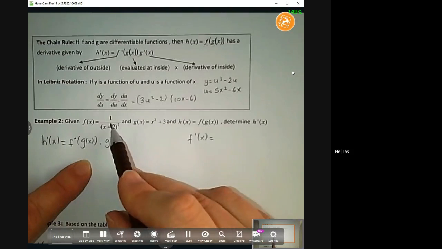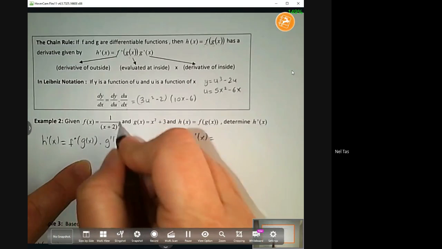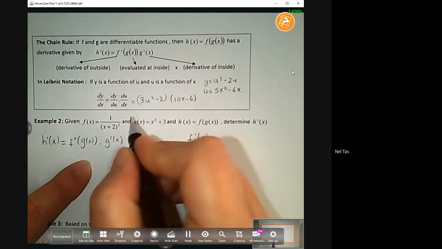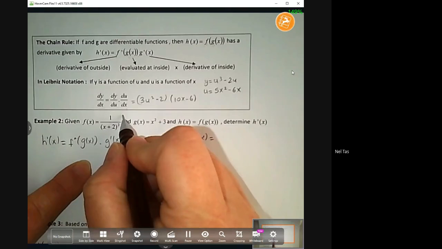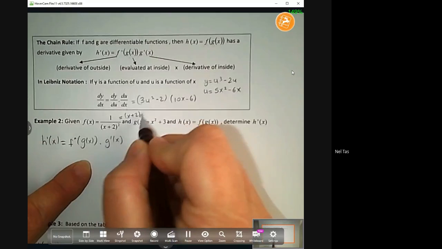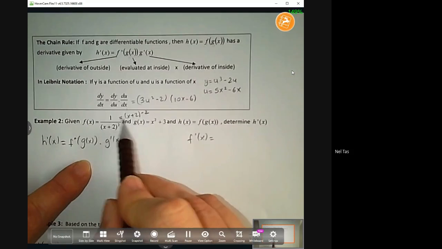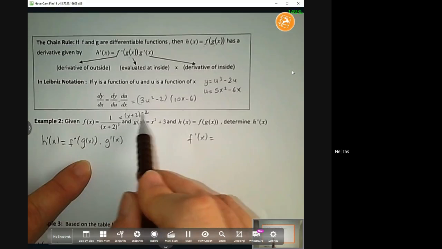So we need this derivative of this. So you could use the quotient rule here, or you can write this with the negative exponent and use the chain rule. So this is same as x plus 2 to the power of negative 2.